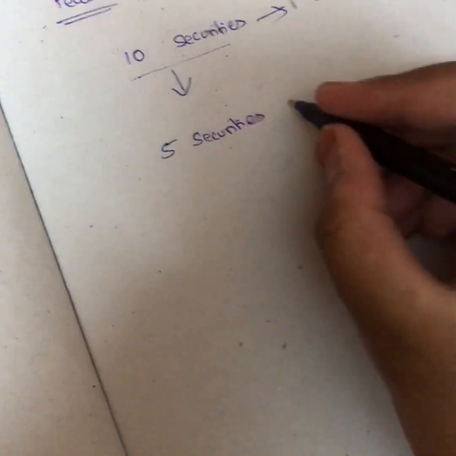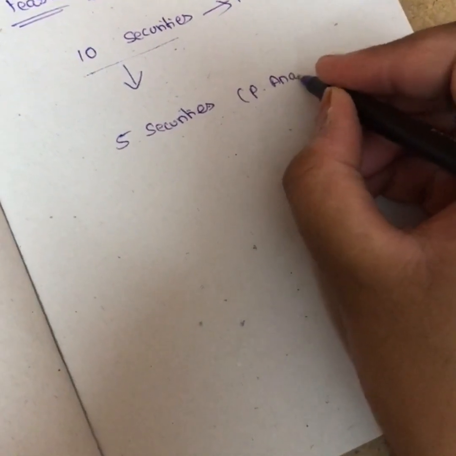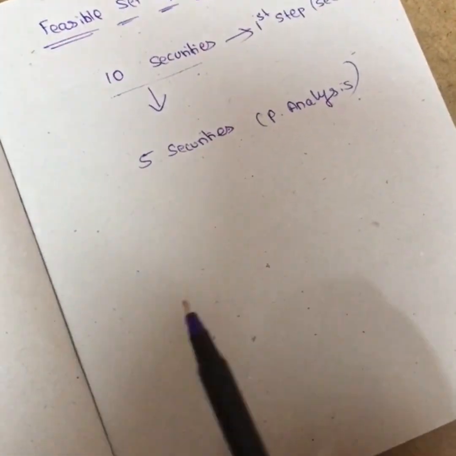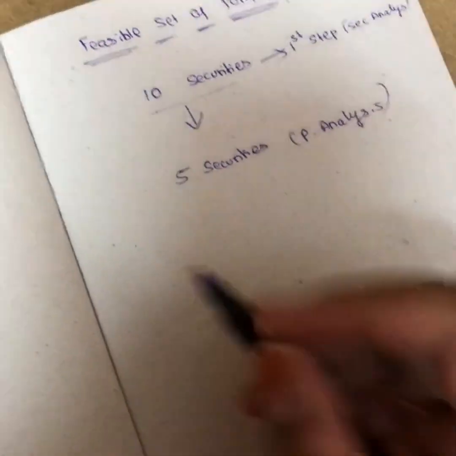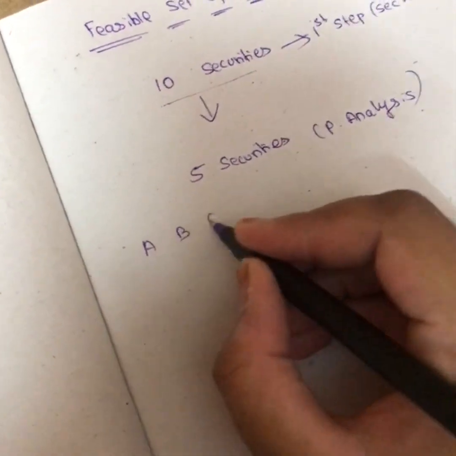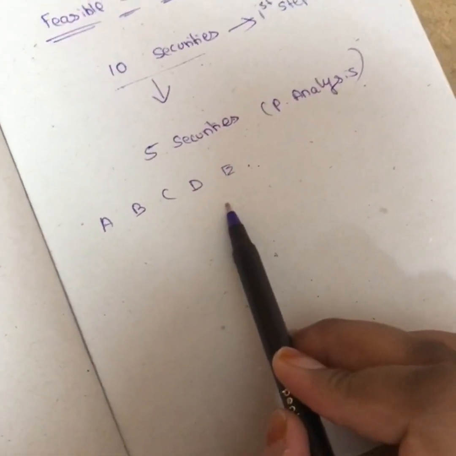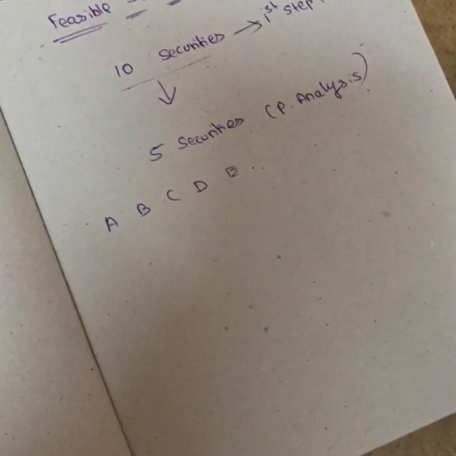The next step is portfolio analysis, where we can create n number of portfolios. For example, A, B, C, D, E are the securities I have selected depending on the risk and return analysis.